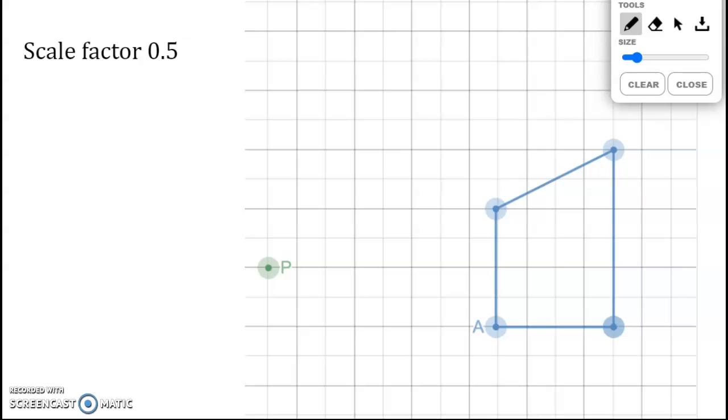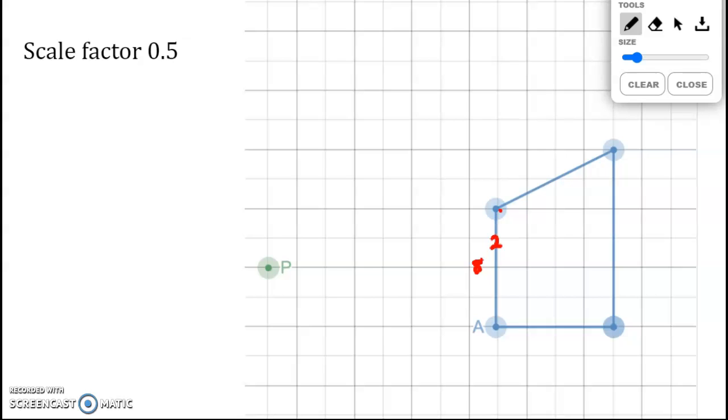So we need to figure out how far this point is from the original center of dilation. That means 1, 2, 3, 4, 5, 6, 7, 8. I count 8 to the right. So that's 8 units to the right and 2 units up.